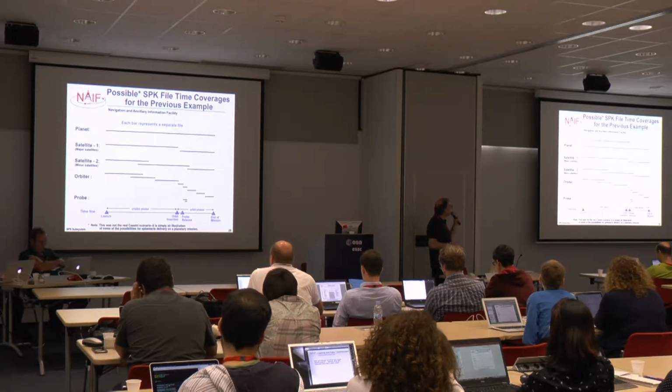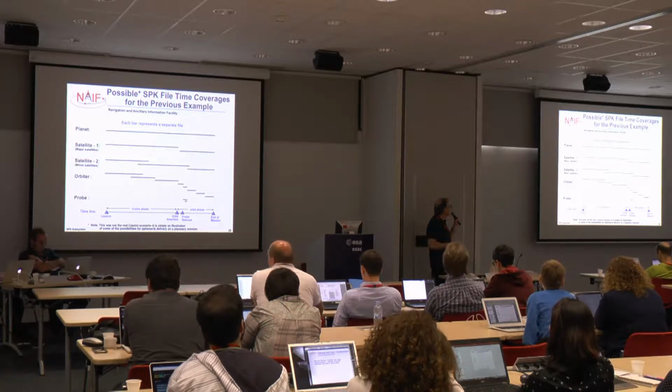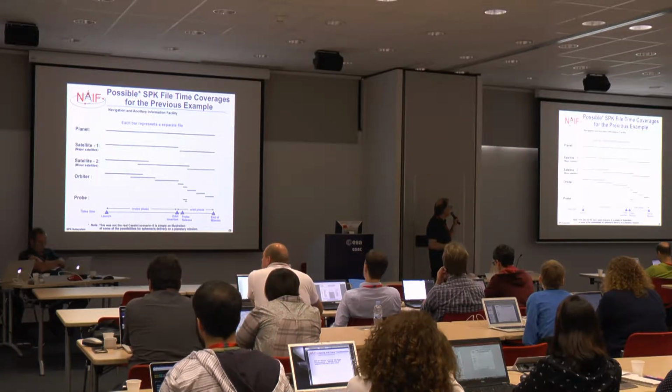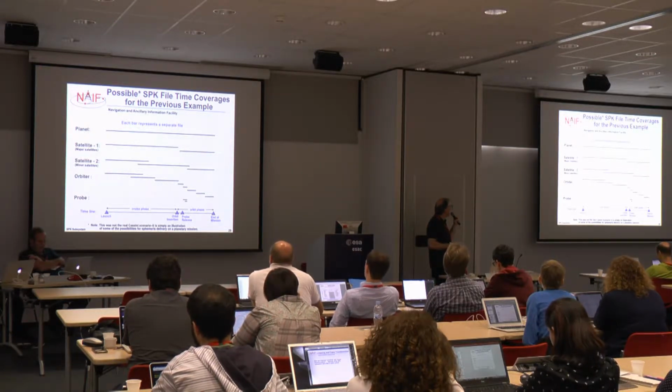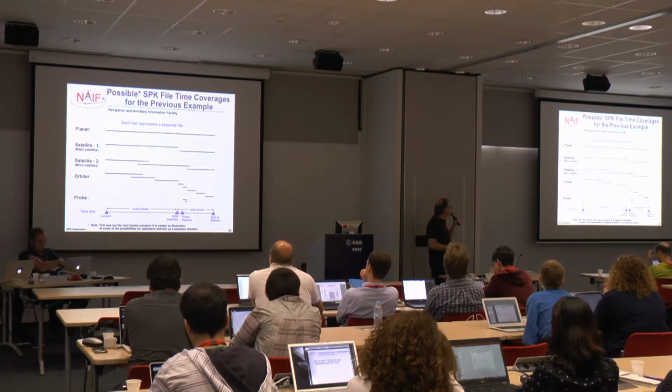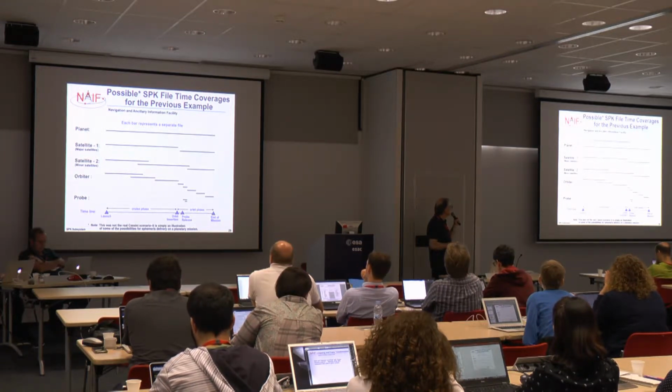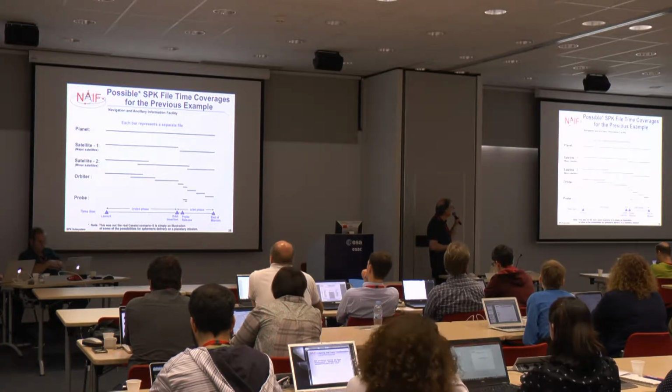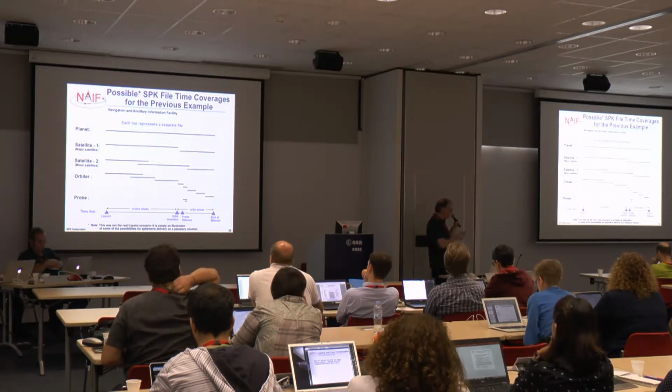We have overlap here. Presumably, we have some predicted ephemeris data, which is then overridden by reconstructed data. And for the probe, we have multiple files as well. Here's the timeline that shows the mission phases that correspond to these different files. This was not the Cassini scenario, but it is an illustration of some possibilities for ephemeris delivery on a planetary mission.